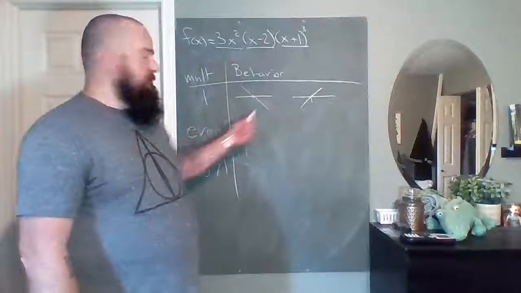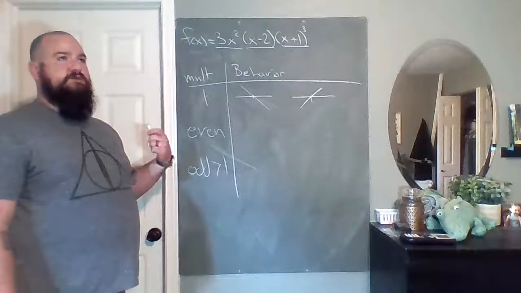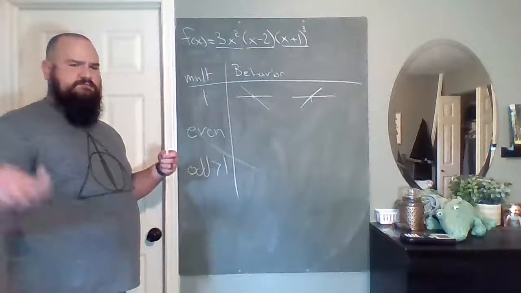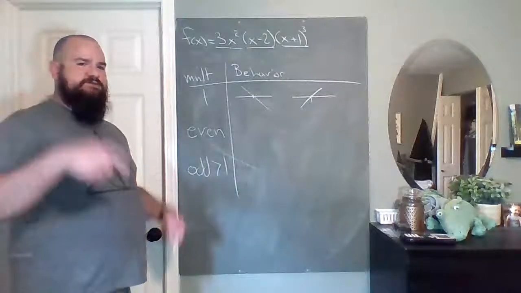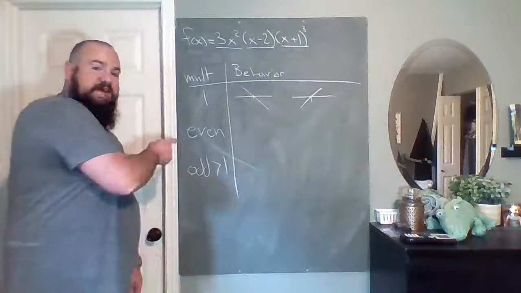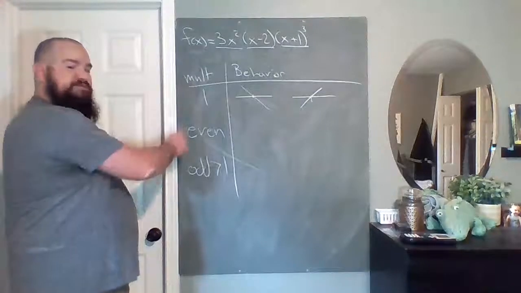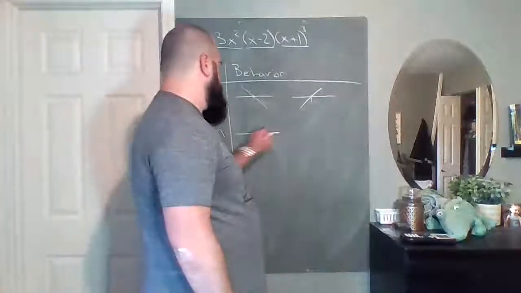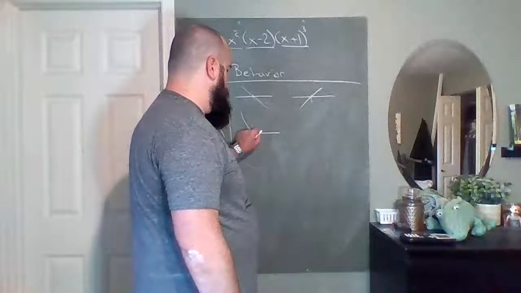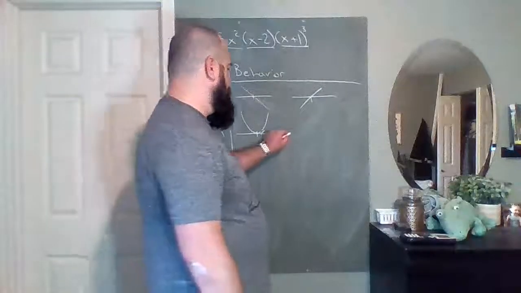Now, if it's even, think back to an even degree polynomial, very simple, x squared. What does x squared do at 0? It touches and bounces off. And that's exactly what any root with an even multiplicity will do. It's going to come down, touch at that root, and bounce off.